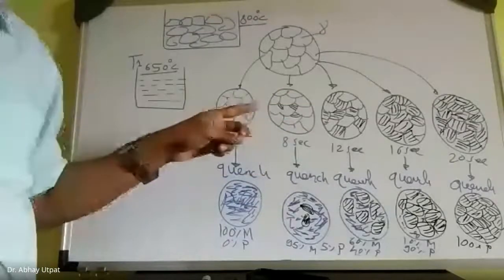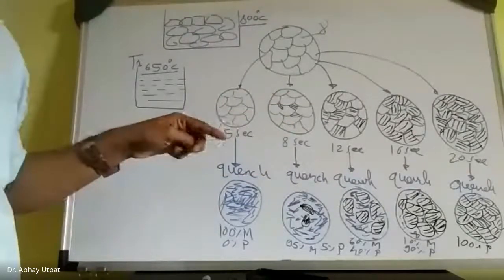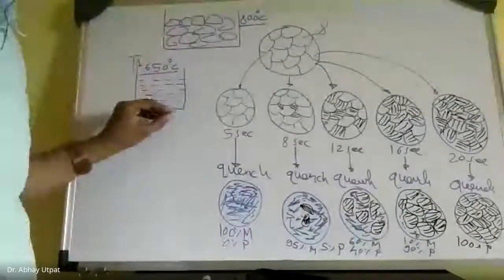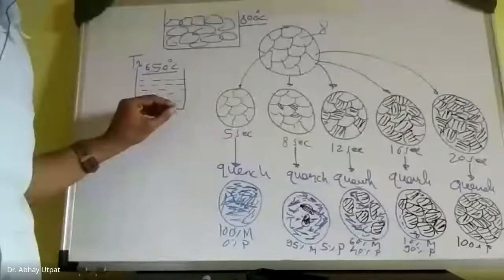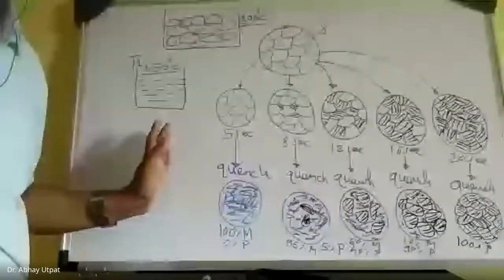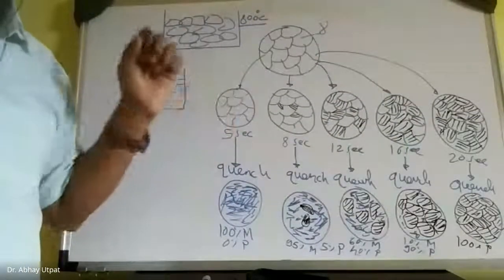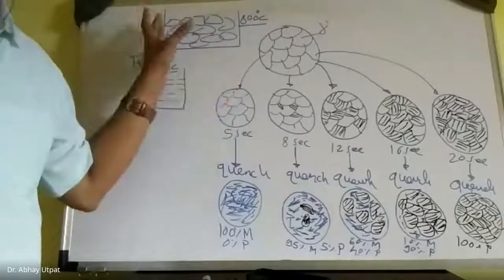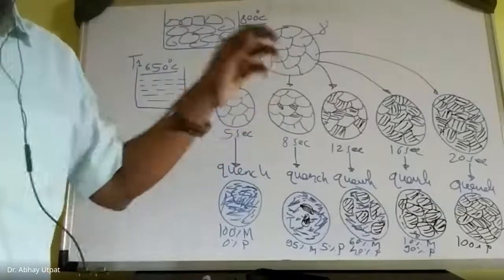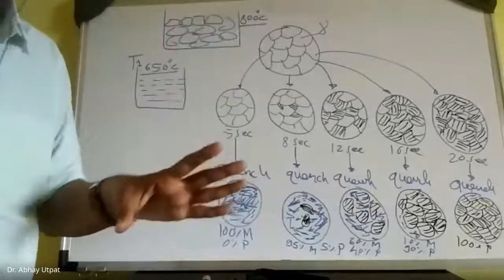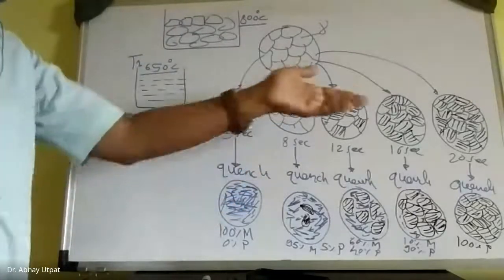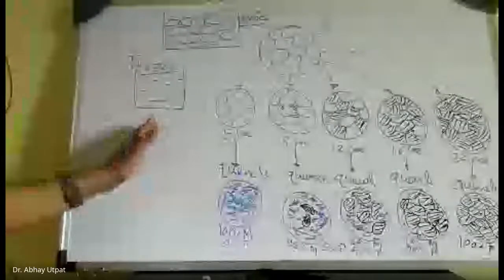My question is that, if I take all 45 samples, I dip them at 650 degrees Celsius and wait here for more than 20 seconds, what will be the microstructure of all 45 samples, if you take the samples from this bath and quench in water after 20 seconds in this bath?